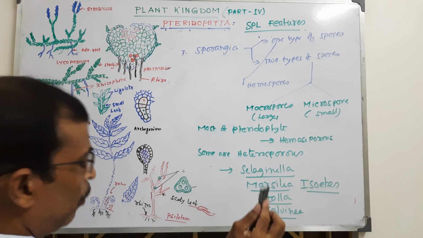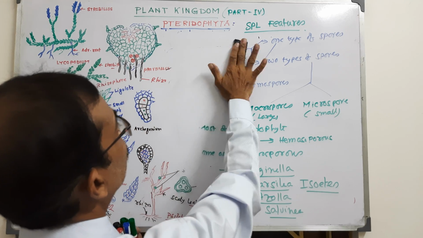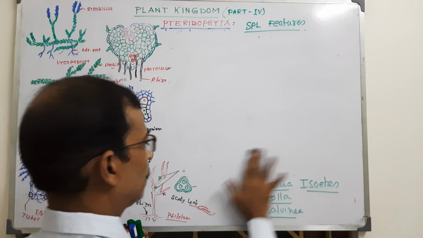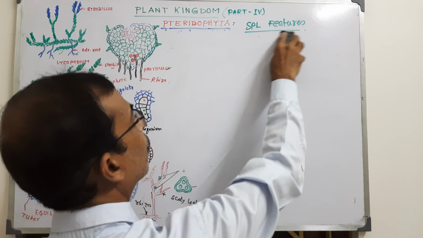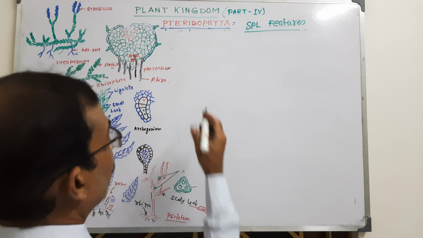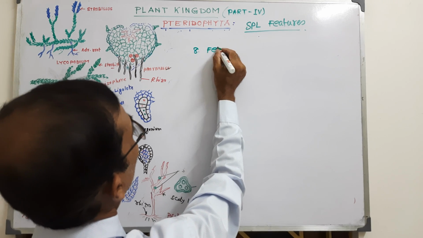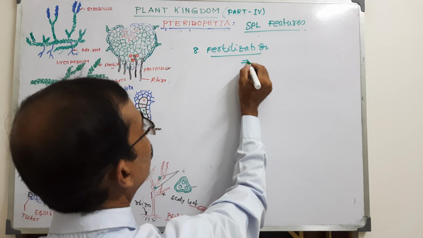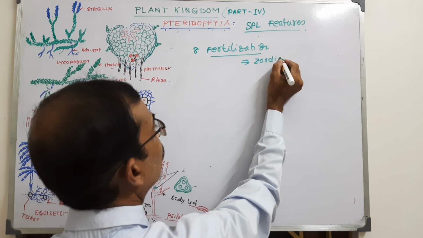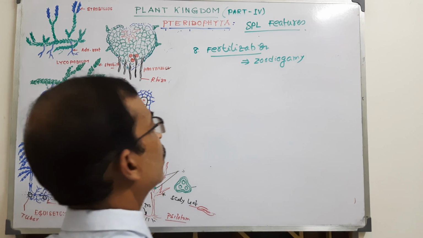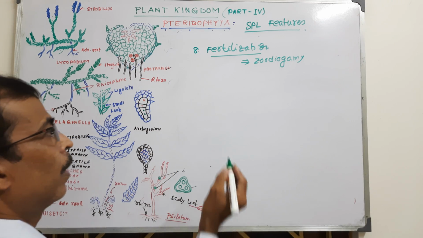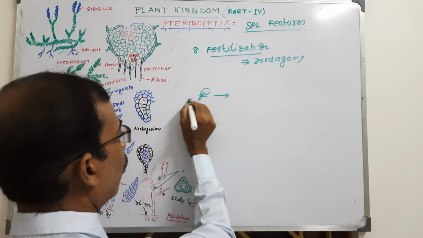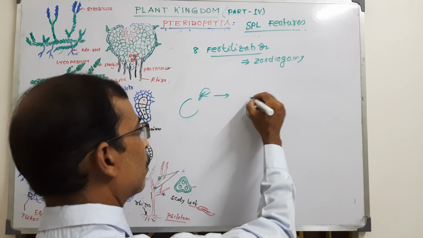Okay, next point about fertilization. Fertilization is zoidogamy. Already I have discussed this term in Biostudy class, where the male gamete, multiflagellate or biflagellate, goes from antheridia to the archegonia.